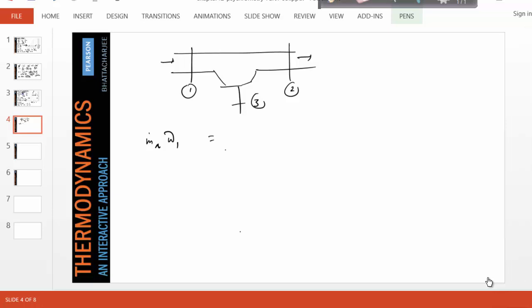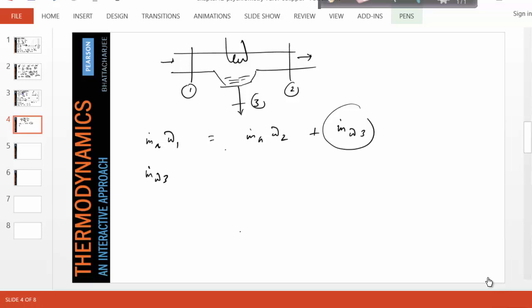That must equal m dot air times omega 2, the amount of vapor that is living here, plus m dot of water at state 3. This is the condensate that's leaving the system because we are cooling. So therefore, our goal is to find the mass flow rate of water at state 3.